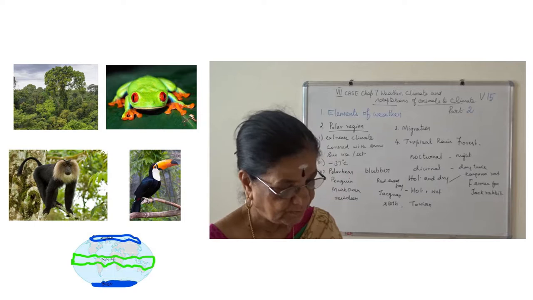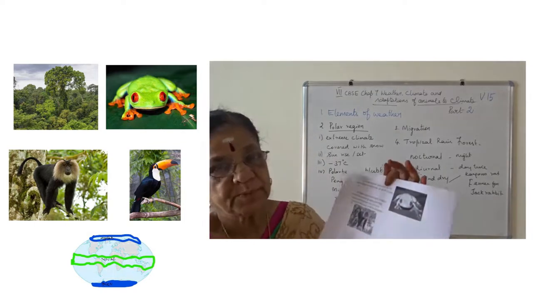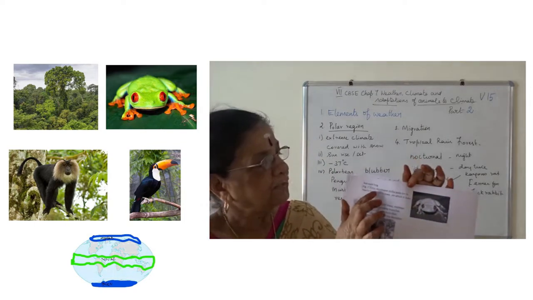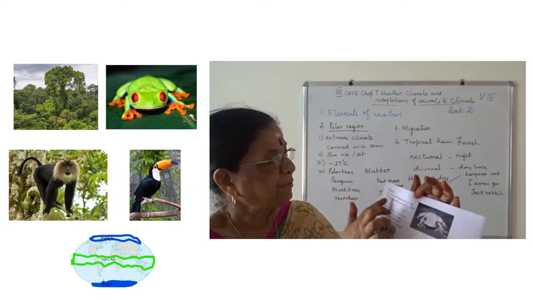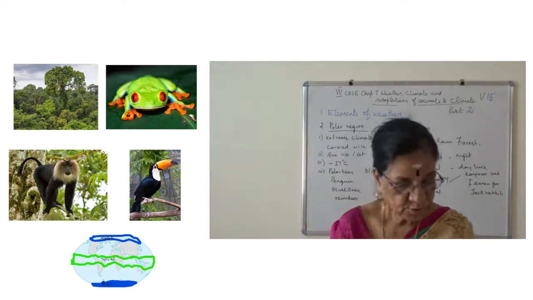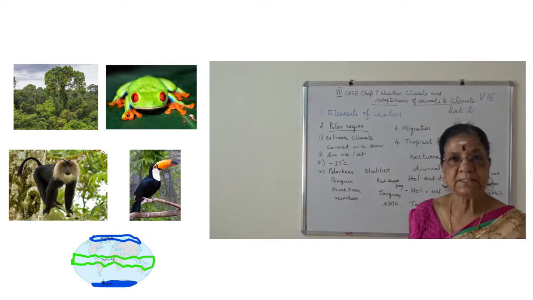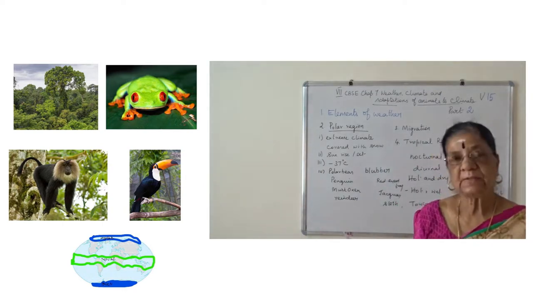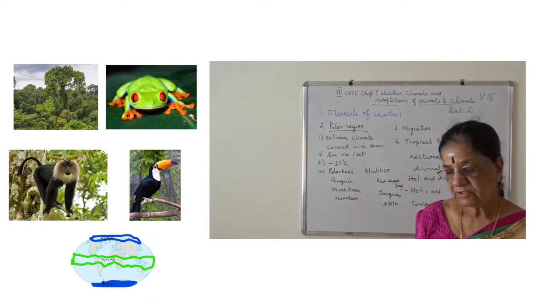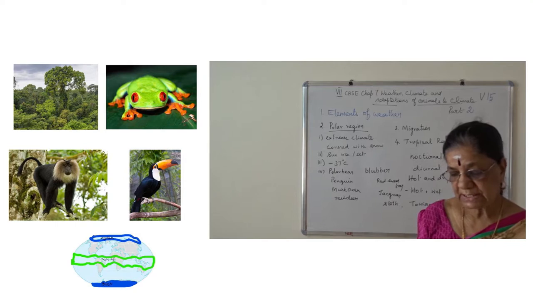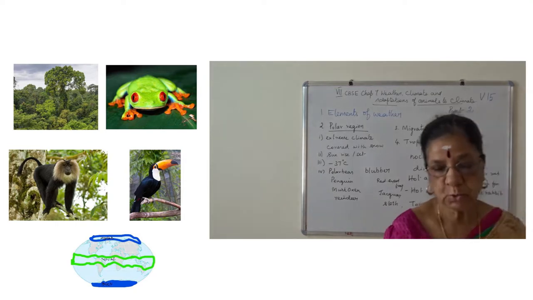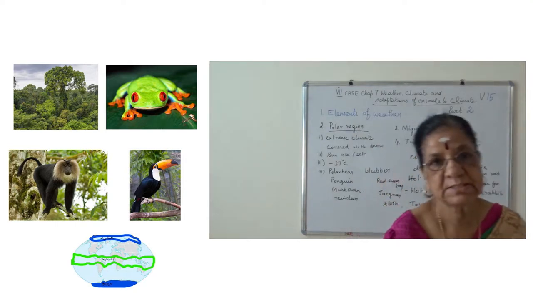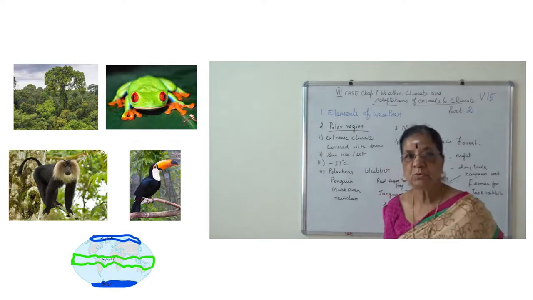So here the red eyed frog is in our textbook. Red eyed frog develops sticky pads on its feet to climb the trees on which it lives. And this monkey has a long tail for grasping branches. Their hands and feet are such that they can easily hold on to the branches. I hope you are able to follow this.